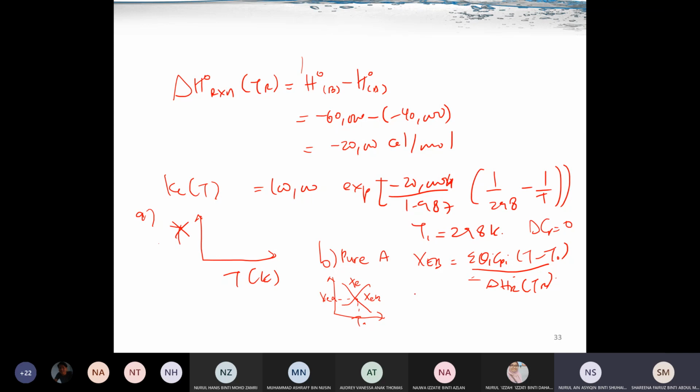You will get XEB equal to 500 times T minus 300, over 20,000. So basically XE is equal to 0.41, and TE you will get around 465 K.